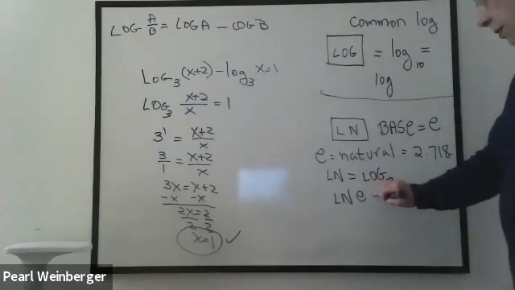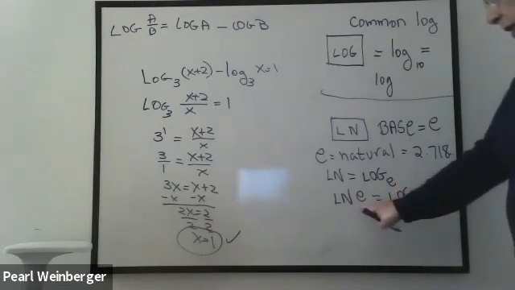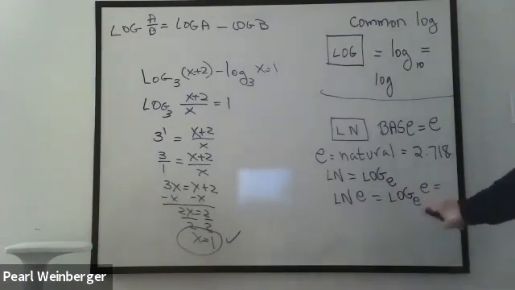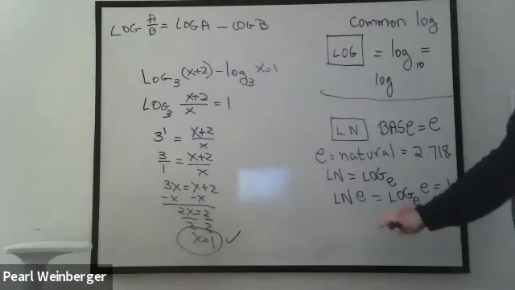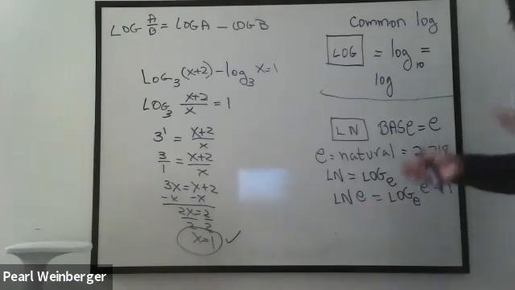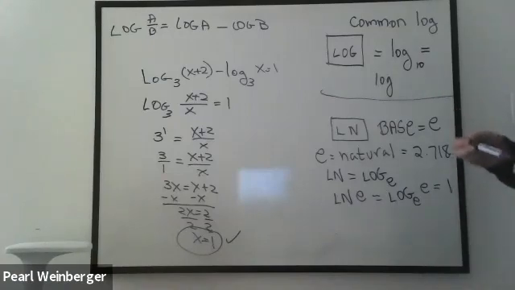If you think about it, remember we said ln means log base E, and log base E of E, remember what I just told you, when the base matches the number you're trying to find the log of, the answer has to be 1. So ln E is equal to 1. That's important information. Again, I don't think you have to know anything more about this than it's going to come up and you're going to see it.